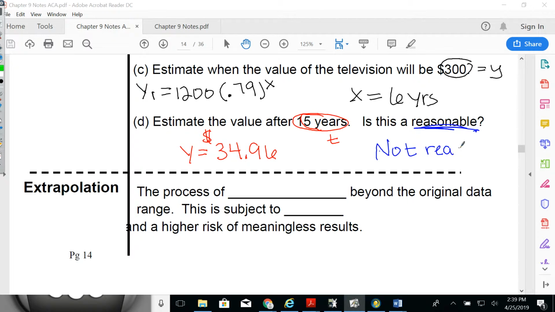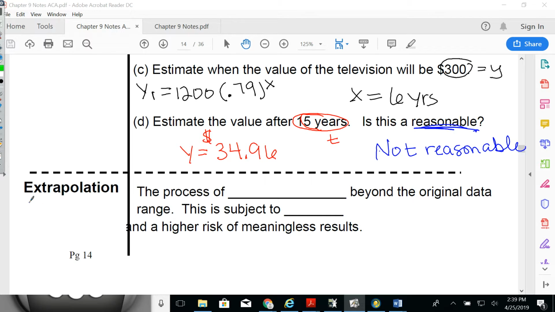So we say this one's not reasonable, because technology changes so quickly that in 15 years, the TV we have now is probably not going to work. Or it's going to be a way better version. So it's not going to be worth anything at that point.